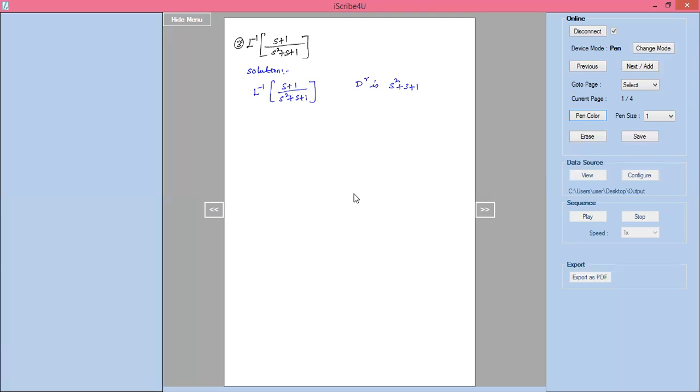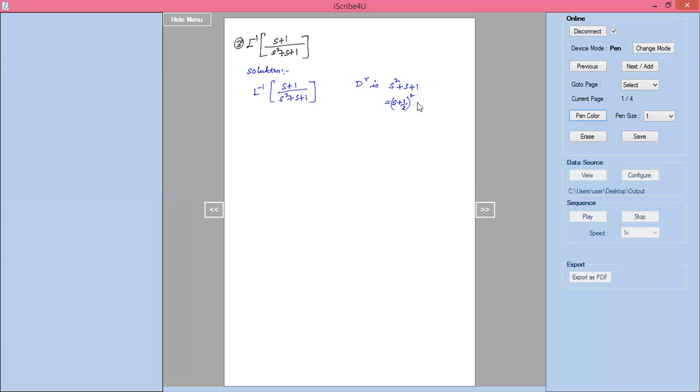How do you simplify this? Here the s coefficient is 1, so I'll write s plus 1 by 2 whole square. If you expand s plus 1 by 2 whole square, you will get s square plus 2 into 1 by 2 into s, that is s, plus 1 by 4. If you expand this, you get s square plus s plus 1 by 4.